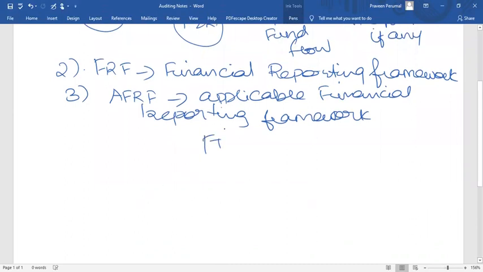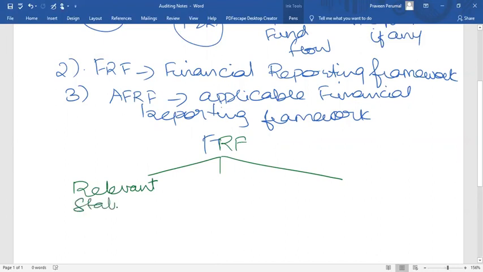Now, FRF comprises of 3 elements. What are they? The relevant statute. What could that be? It could be the Companies Act, or it could be the Banking Regulation Act.